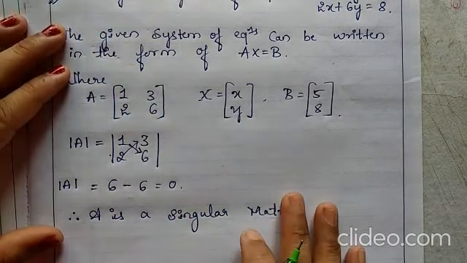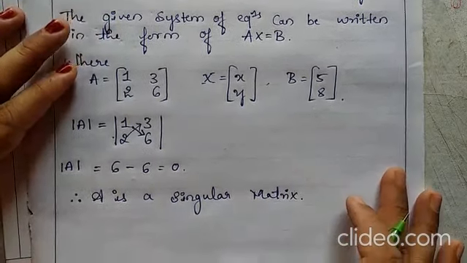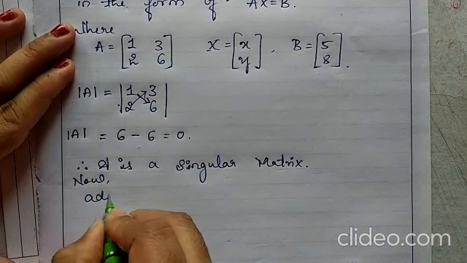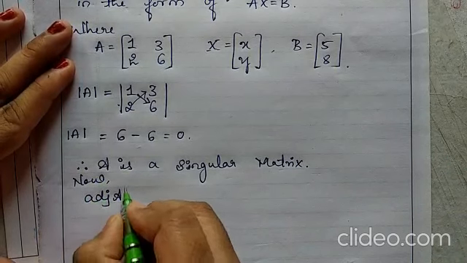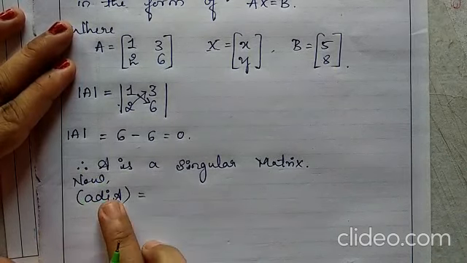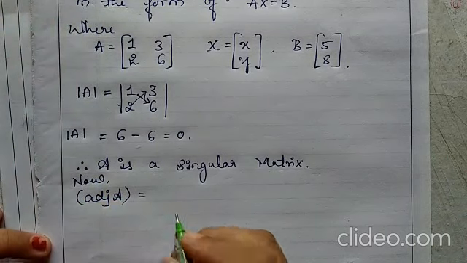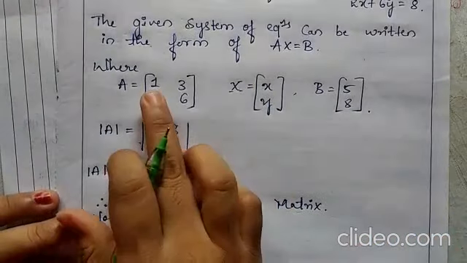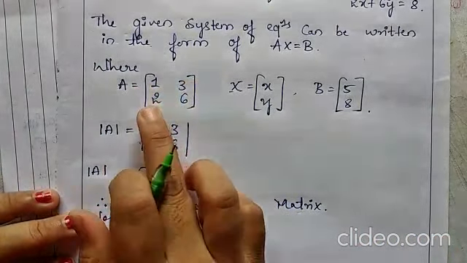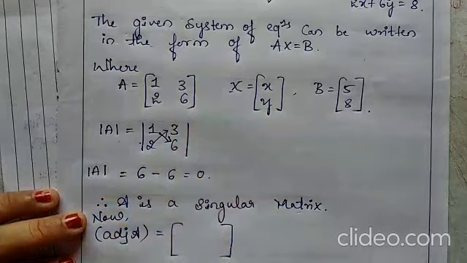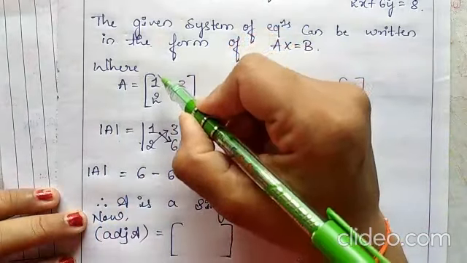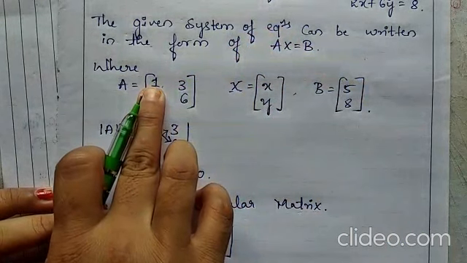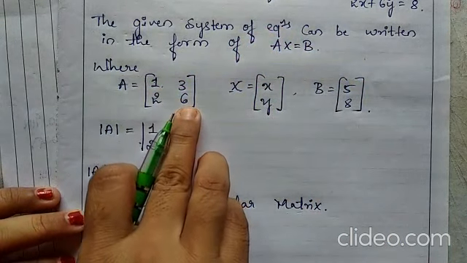So for this condition, we need to calculate the adjoint of A. We already know how to find the adjoint of A. A matrix here is 1, 3, 2, 6. For this we need to interchange these two places: in place of 1 we write 6, and in place of 6 we write 1.